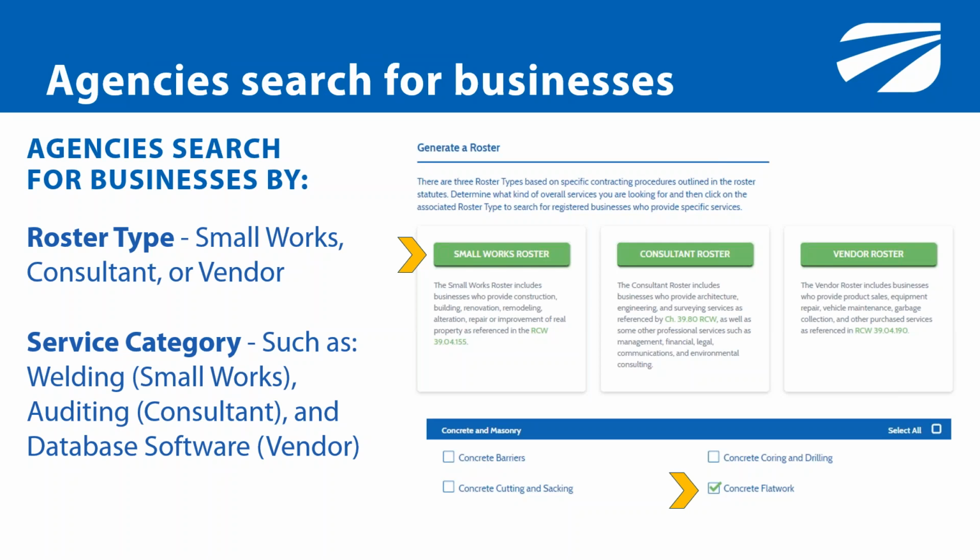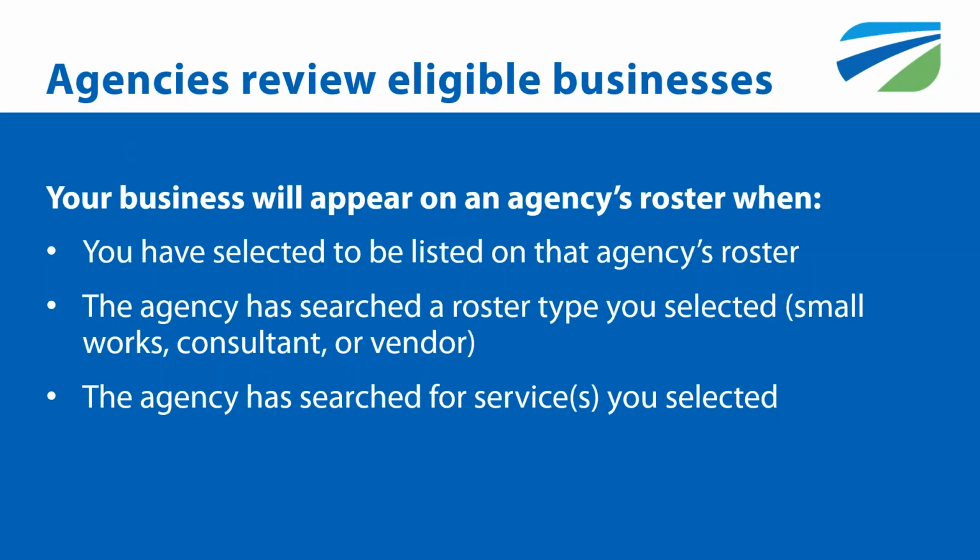Once they've selected this stuff, they search for their businesses and they'll be given a list of eligible businesses to contact. So let's talk about how you know if your business appears on a list when an agency searches.